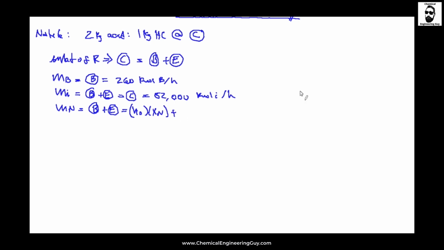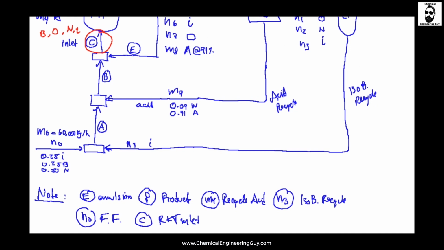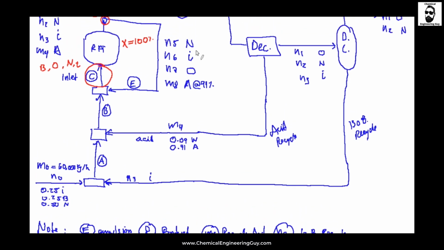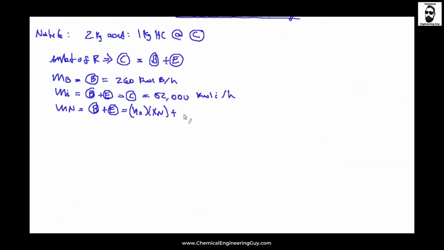And the recycle, let me go up and find out, is this N5. So let me find out how much that is. It's 25,000. These are values I already got, so that's cool. I don't need to do any calculations, just find those data.